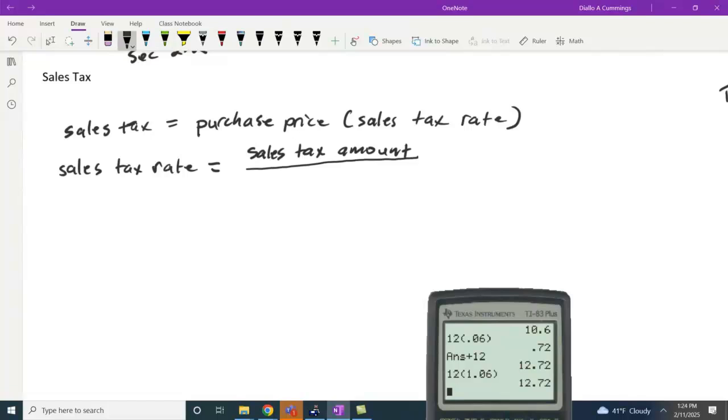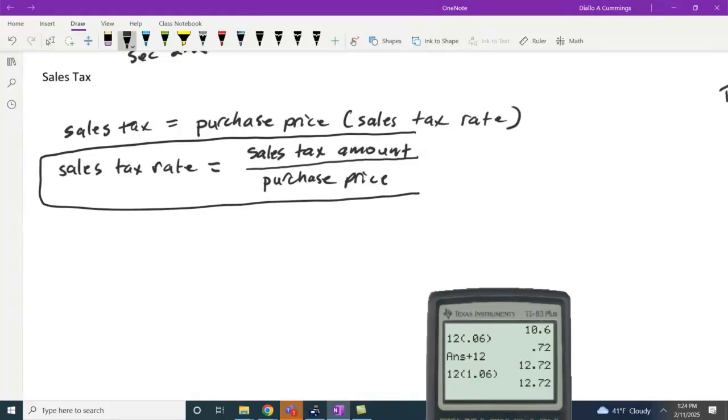If you divide that by the purchase price, that's going to give you the sales tax rate.